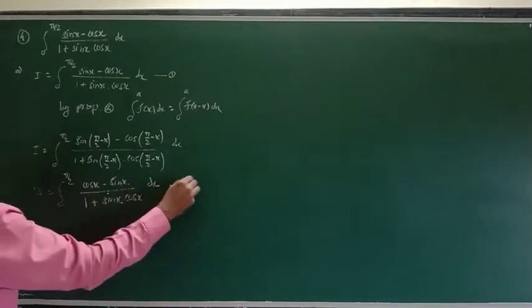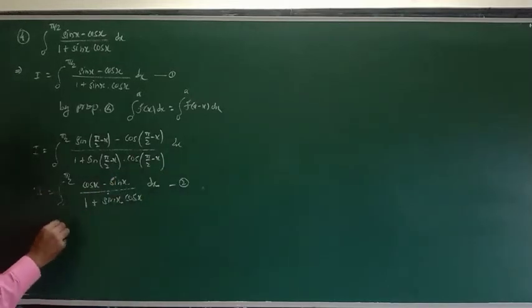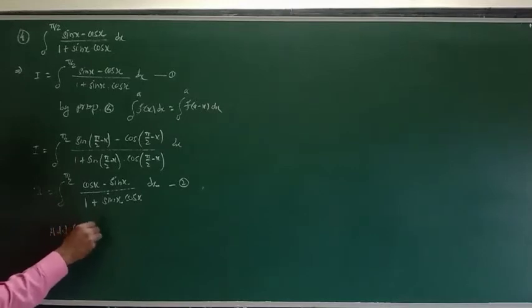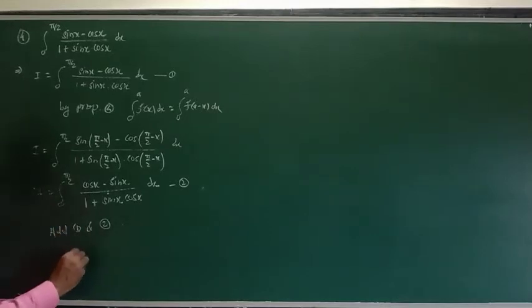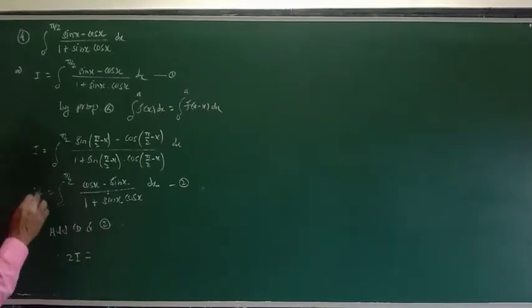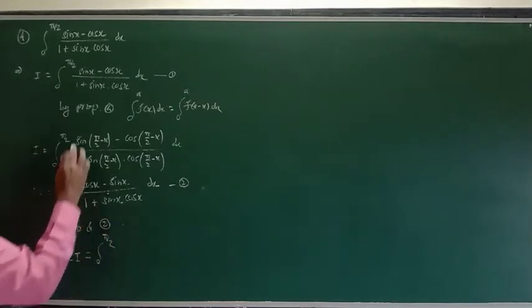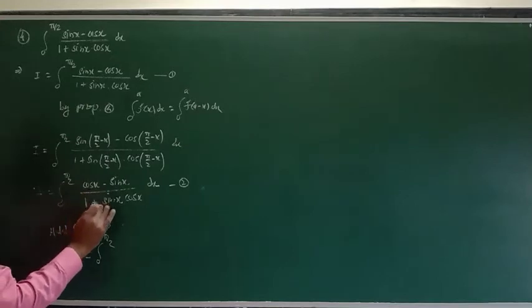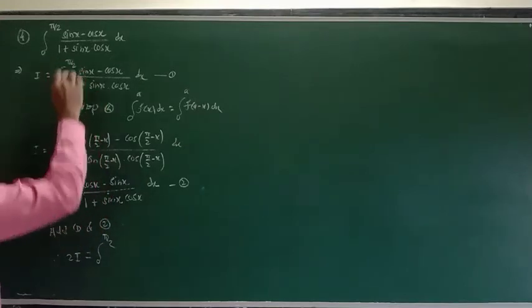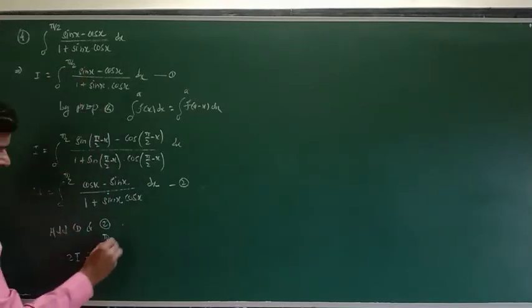This is equation second. So if I add the first and second equations, on LHS, I plus I is equal to 2I. On RHS, I directly add these two terms because their denominators are the same and the limits of the definite integral are the same.